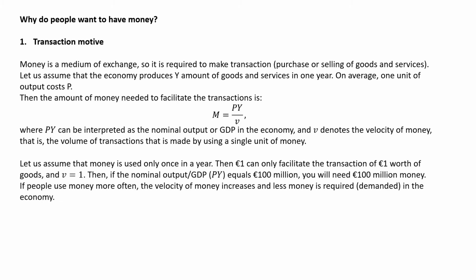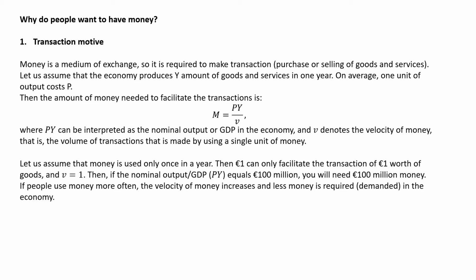Let us imagine a situation that someone lives in a less developed economy where money is rarely used. It is possible, for example, that people mostly do not use money, but rather hoard it, but still once a year they have to make some transaction using money. So in this primitive economy, €1 worth of money would be able to facilitate only €1 worth of goods and service transactions.